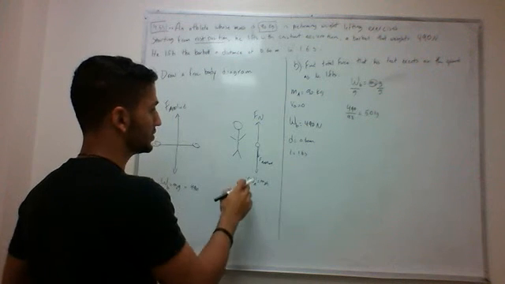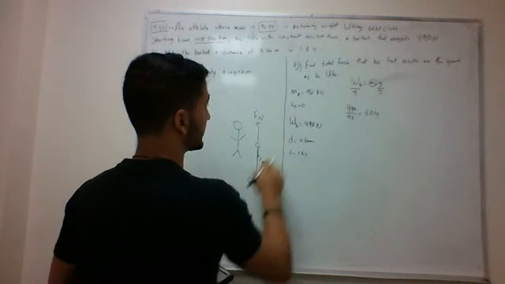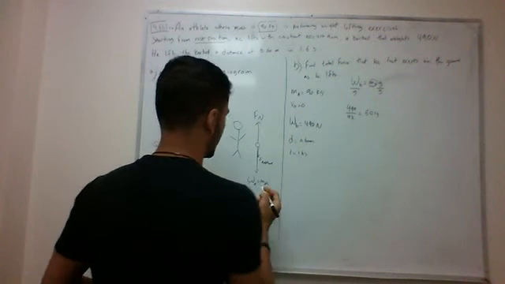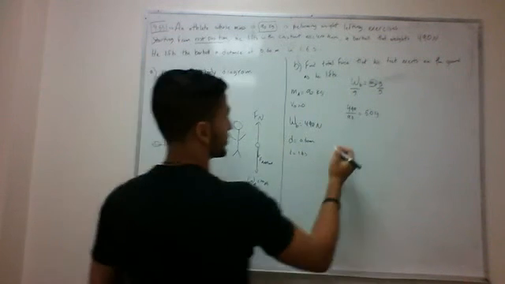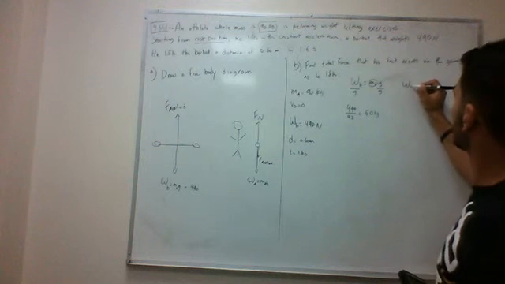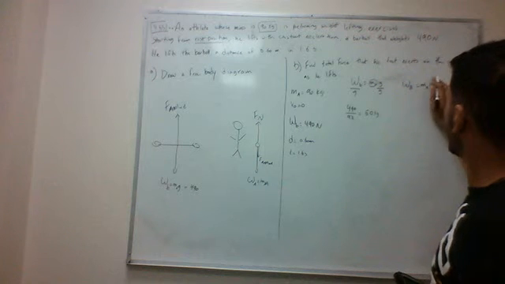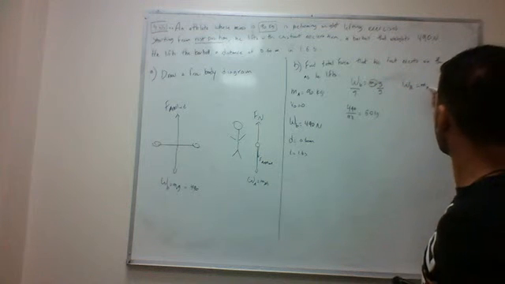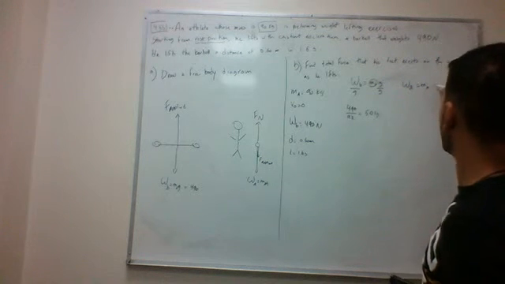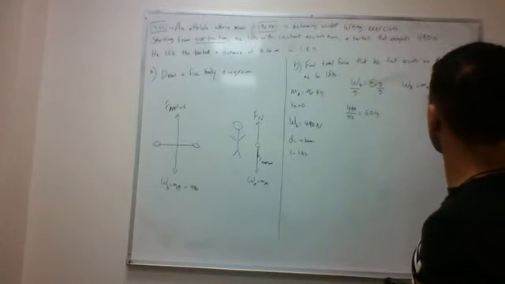So going to the athlete, we have his mass, but we don't have the weight. So WA equals MA times, not g, but times a, which is the acceleration.